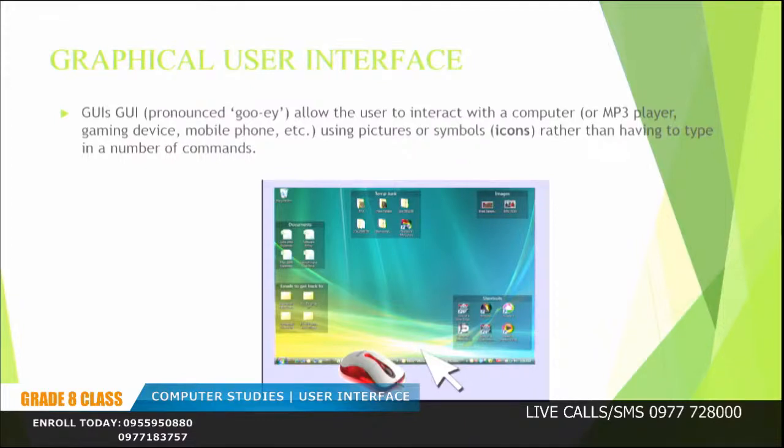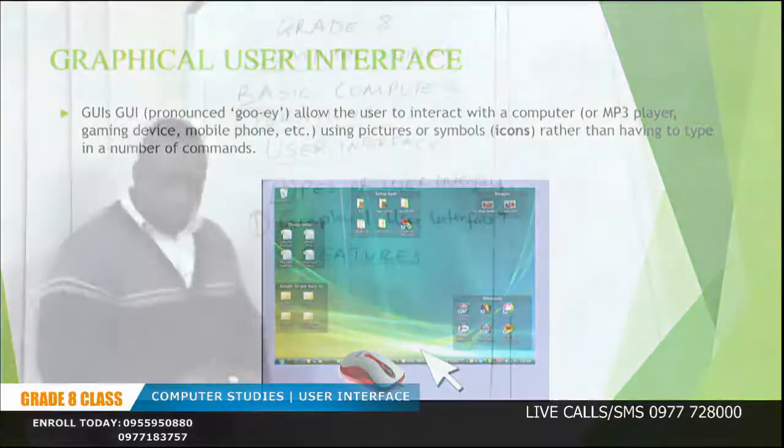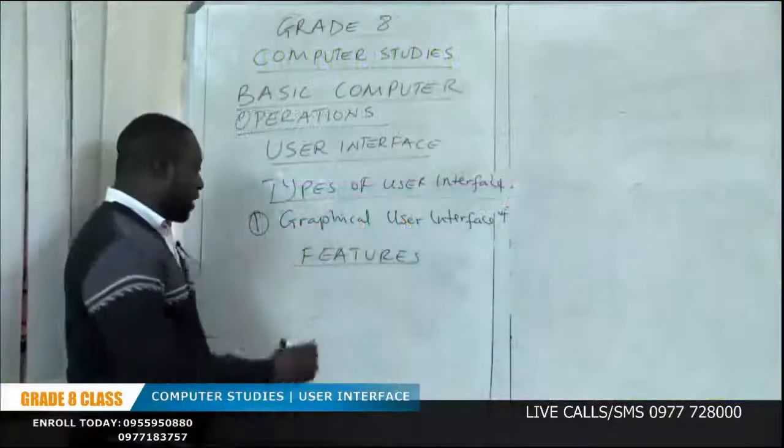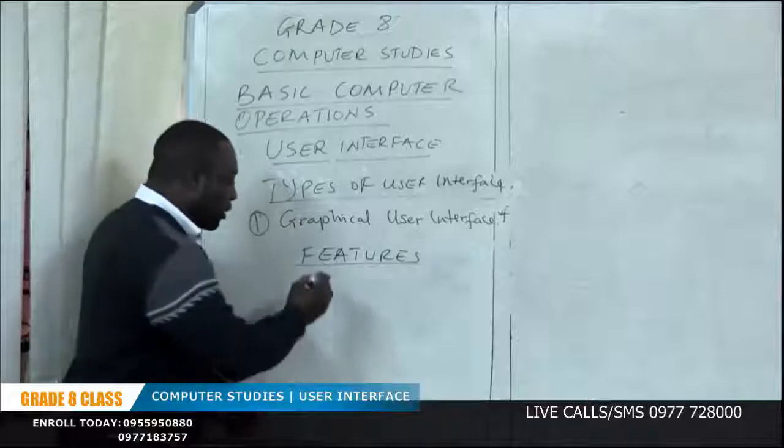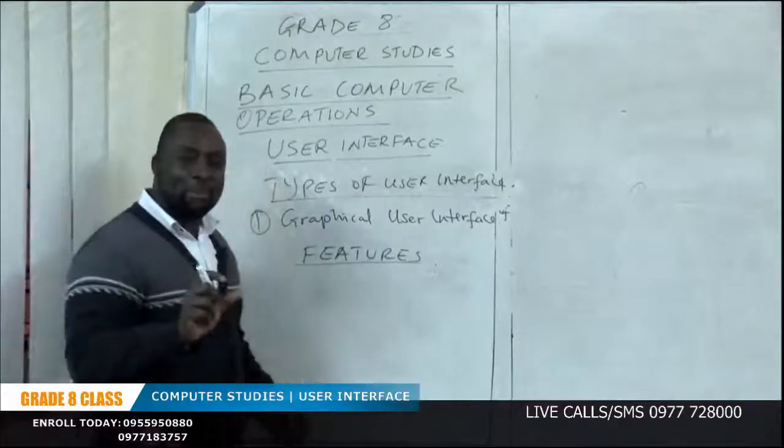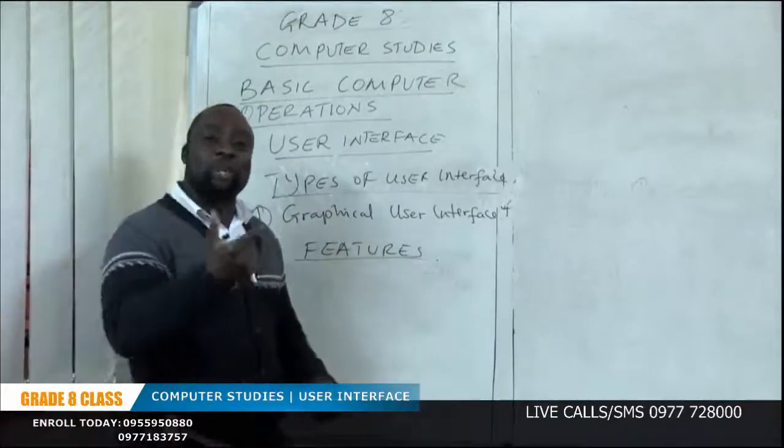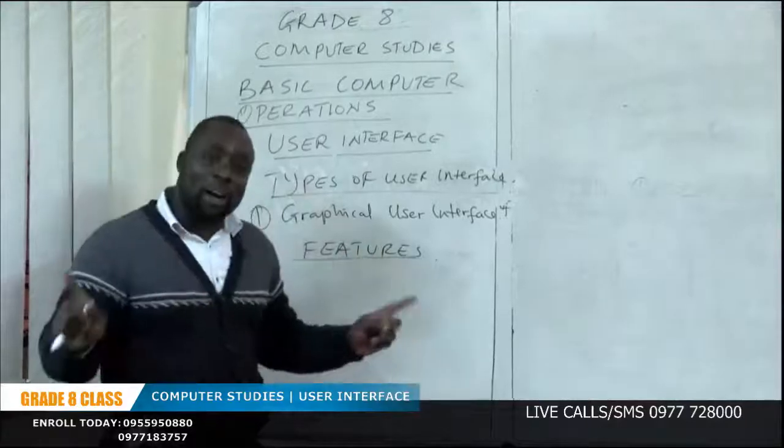Now let us look at the features of a graphical user interface. The features have what we call an acronym. An acronym is just a short form of a longer word.